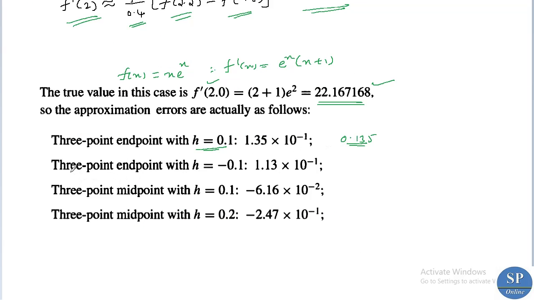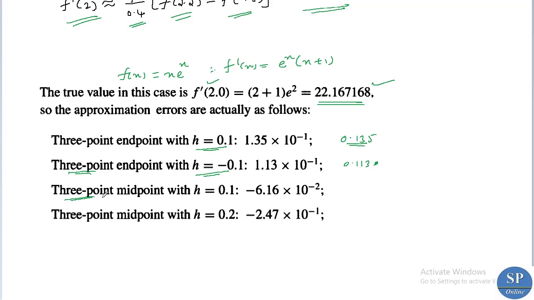In the second case, for the 3-point endpoint formula with h equal to minus 0.1, the error is the actual value minus the approximated value, so we get 1.13 into 10 raised to minus 1, that is 0.113.